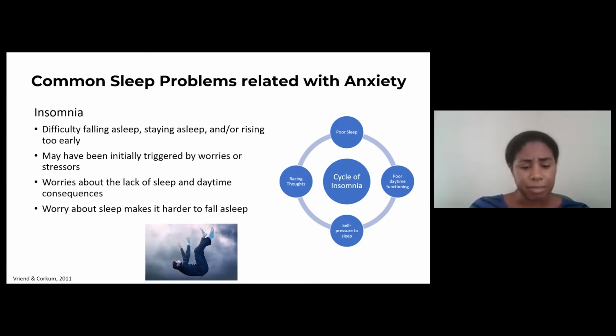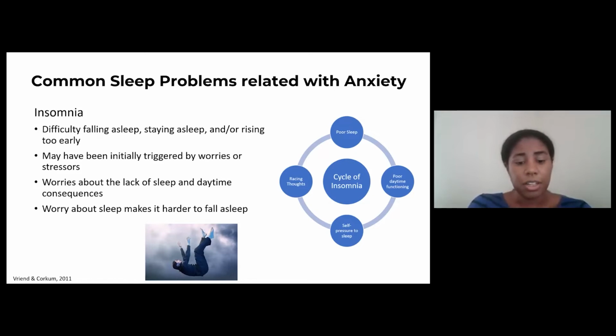But there is also a model by Spielman called the 3P model of insomnia, which talks about predisposing factors, which run from psychiatric disorders to genetic risk factors, just across different domains. And having an anxiety disorder would count as a predisposing factor that increases your susceptibility to insomnia ultimately.